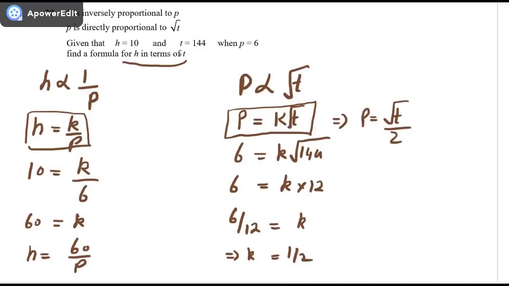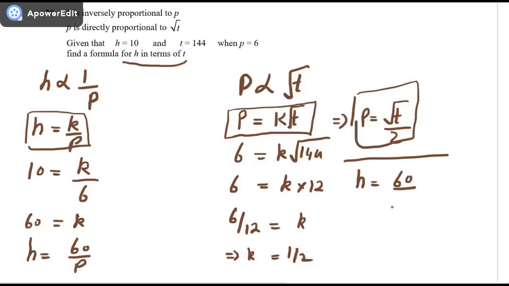Now we're going to find h in terms of t, so h is here and the p, the value of p is given, which is p is root t over 2, so I can put it over here. So I'm going to write it down. h is equal to 60 over p, so here I'm going to put the value of p, which is root t over 2. To do this one, I can do 60 divided by root t over 2, so this becomes our fraction.